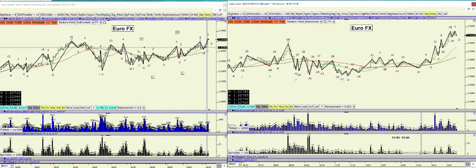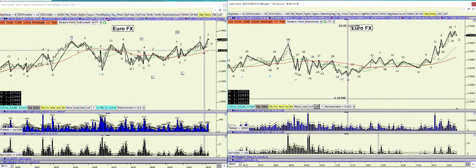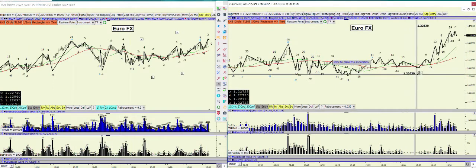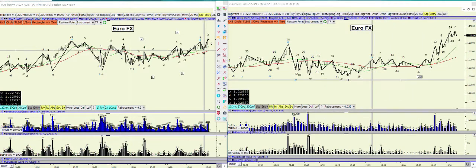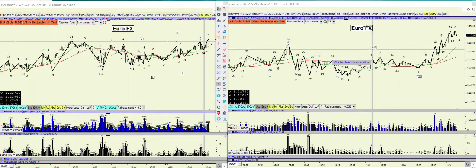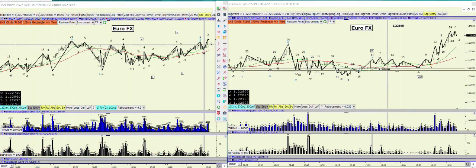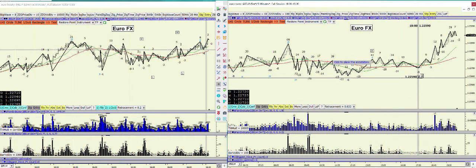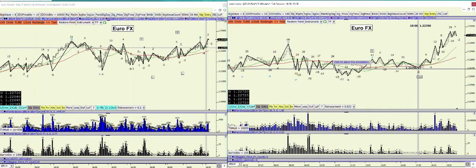No volume, no nothing. So you had some dullness, and then you compare the pullbacks to the rally. So less, and finally 13 up and only 6 down.